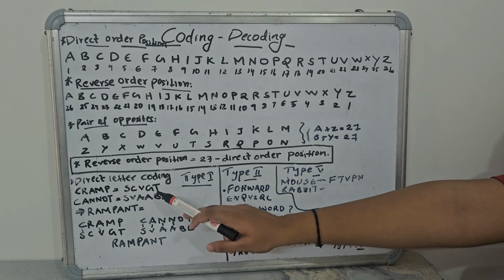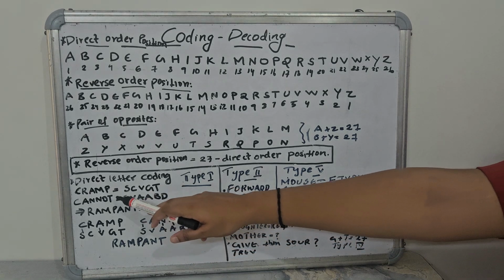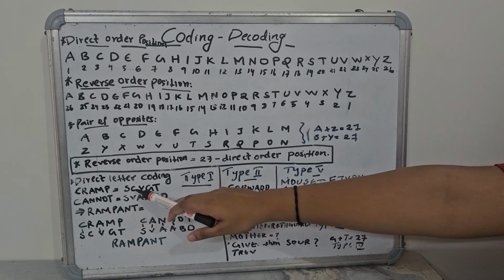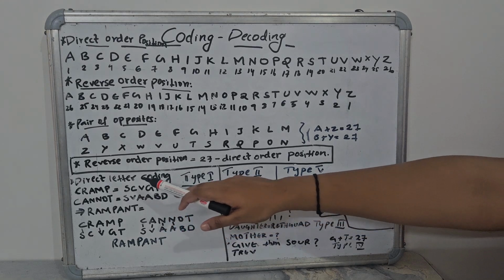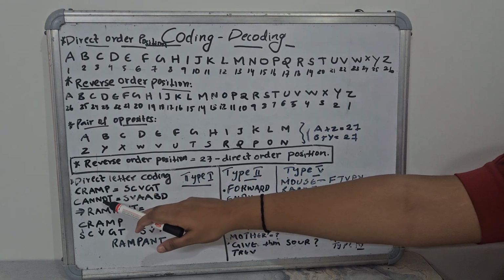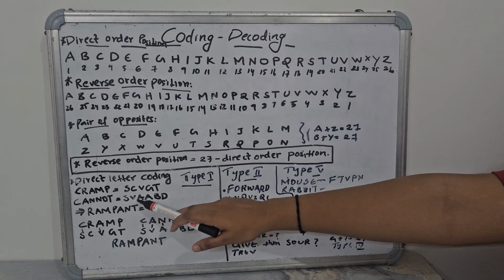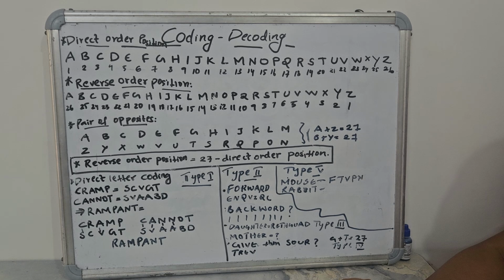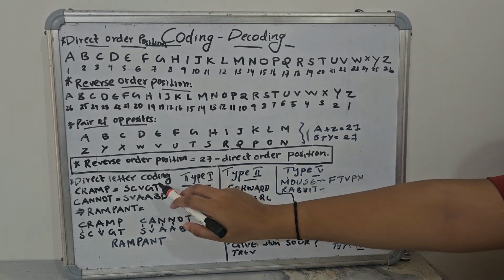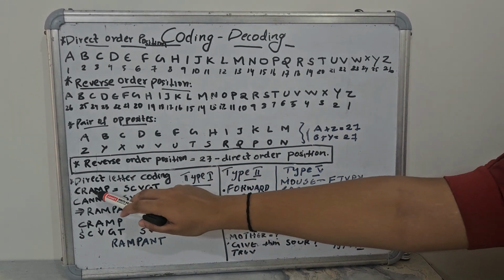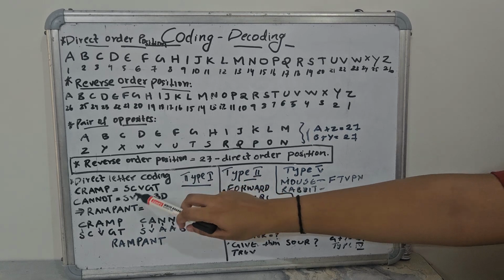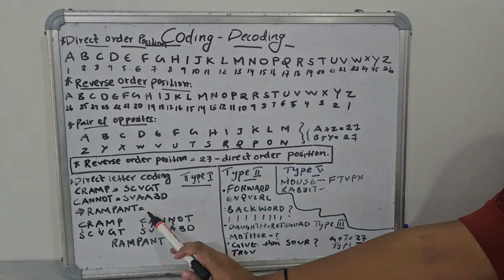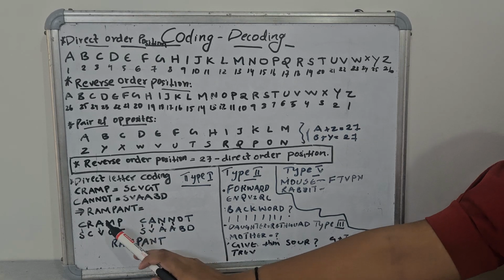For the first type, an example is given. Here CRAMP, C-R-A-M-P, is written as SCVGT, and CANNOT, C-A-N-N-O-T, is written as SVAABD. We have to find RAMPANT.